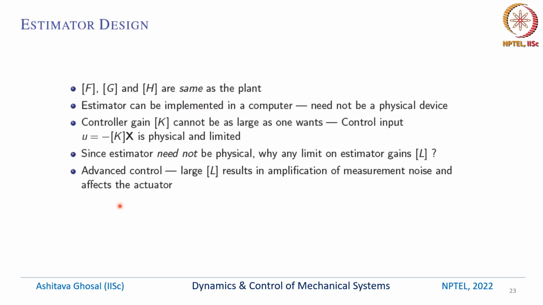It turns out that if you have very large L, it also results in the amplification of the measurement noise, and it affects the actuator. This is a topic in advanced control, which I don't want to go into in this lecture. But if anyone is interested, they can look at the drawback in choosing a large L.